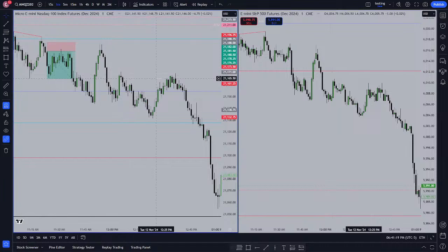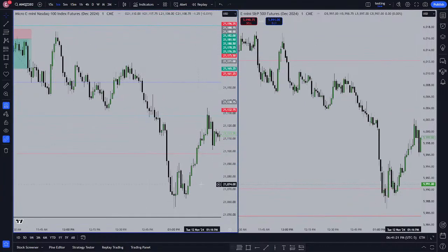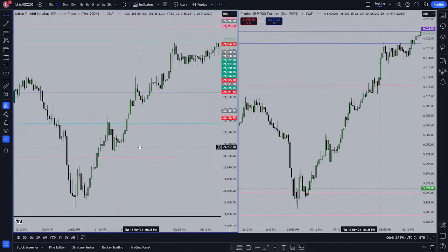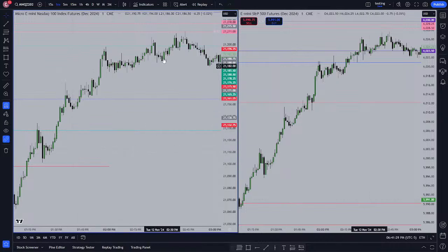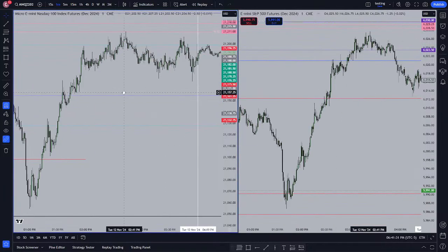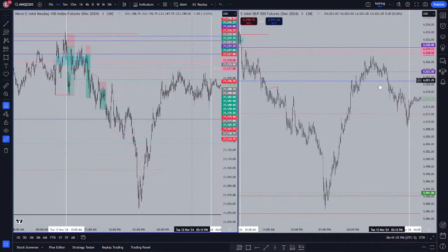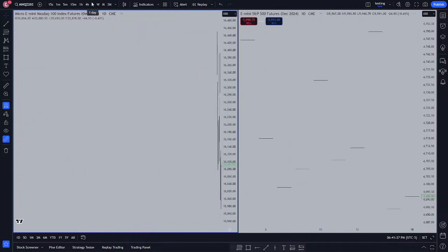Fails to make an SMT here. Goes through. No SMT. No SMT. Comes back to the new day opening gap. And comes back to here. That is a mouthful.